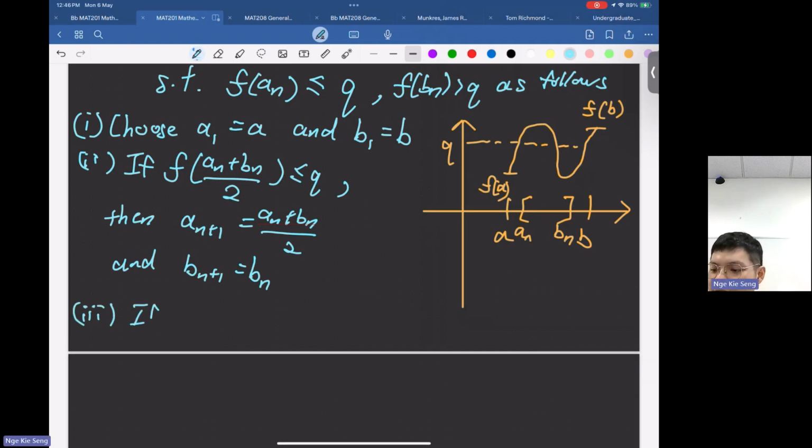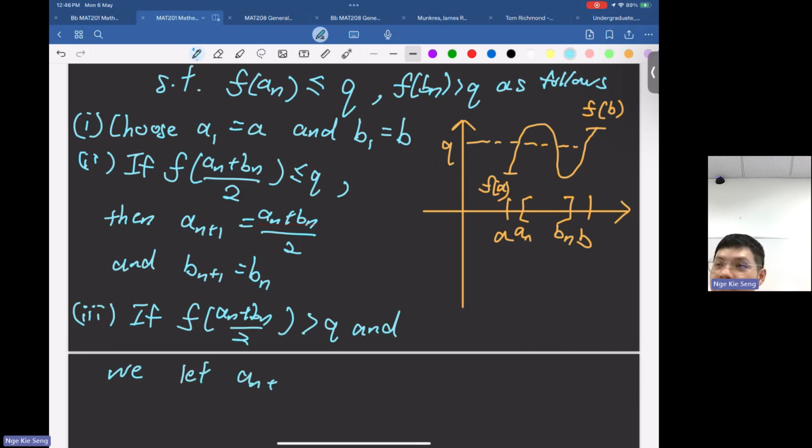And if not, what happens? If the midpoint gives me a value that is greater than q, then I just keep the left endpoint and change my right endpoint to the new midpoint.